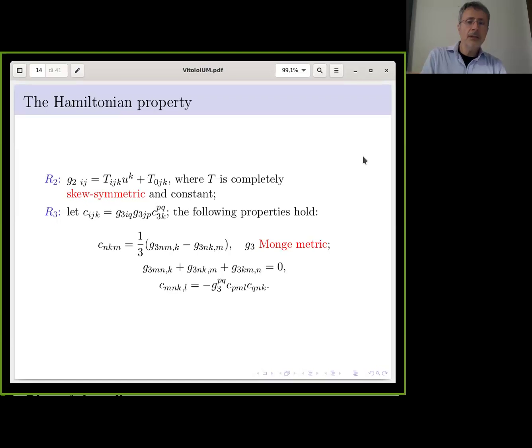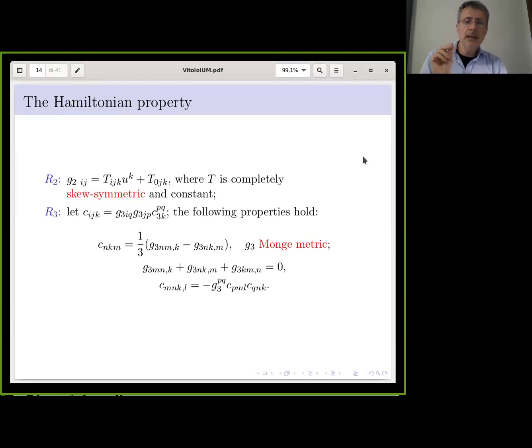Third-order operators in the simplified form. The Hamiltonian property is relatively simple. So basically, the leading coefficient matrix determines everything, exactly as in the first-order case. The interesting fact is that third-order operators are determined by what is called the Monge metric.